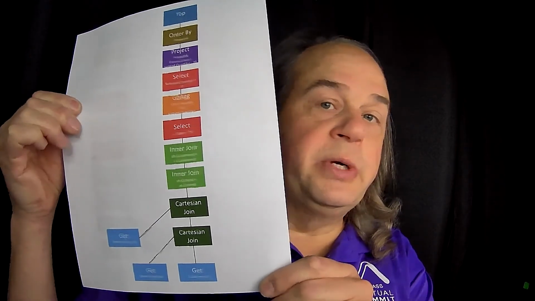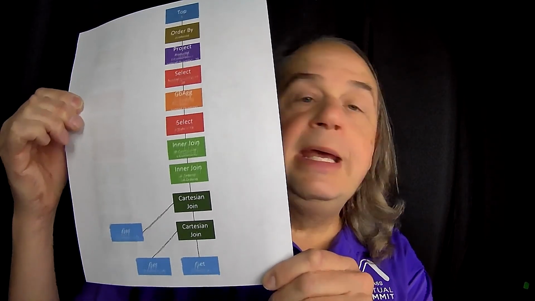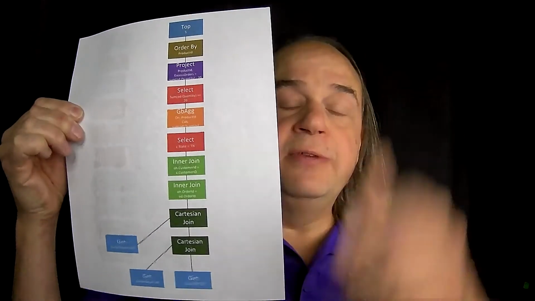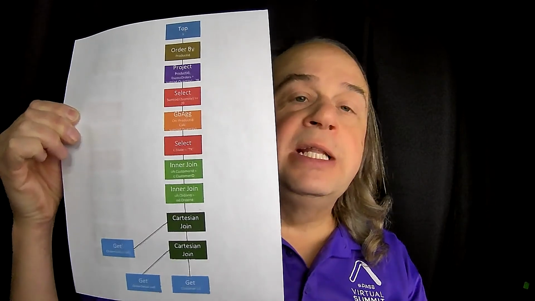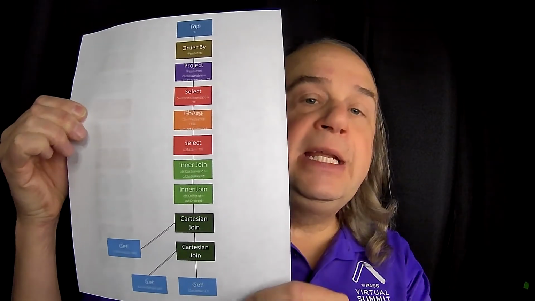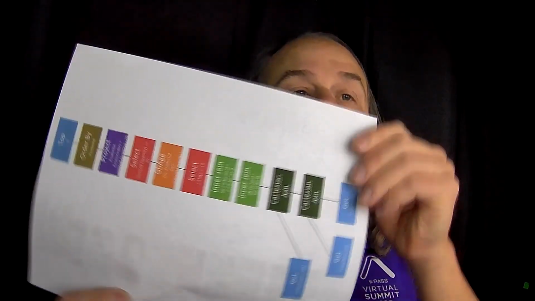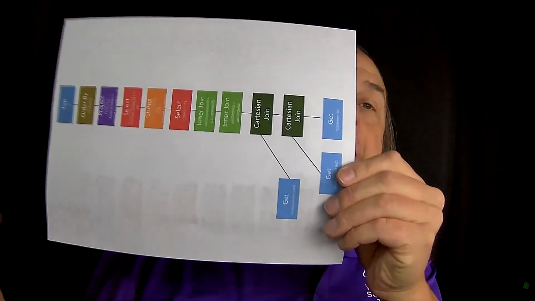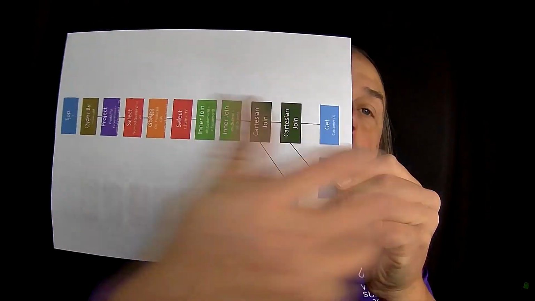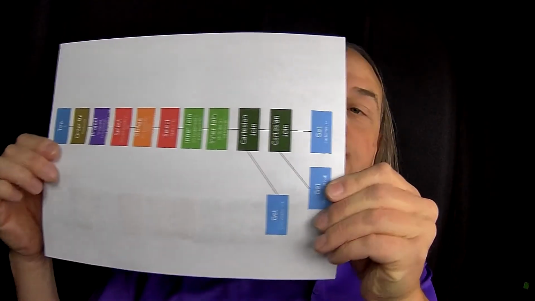So imagine that we have this query tree right here, that vertical stack of stuff. Let's rotate it 90 degrees counterclockwise, like so. And now we have this horizontal layout for a query tree.